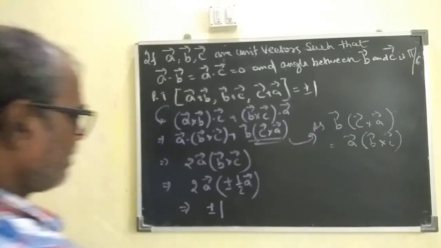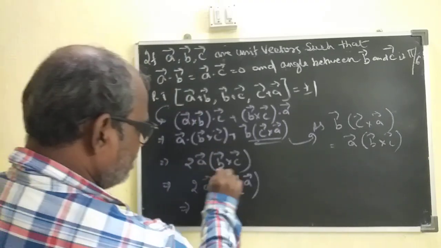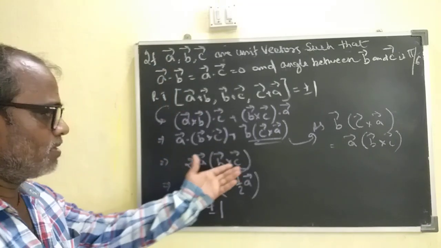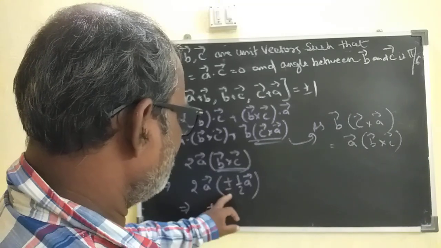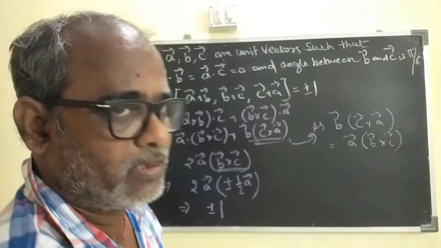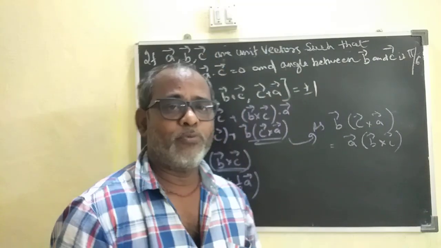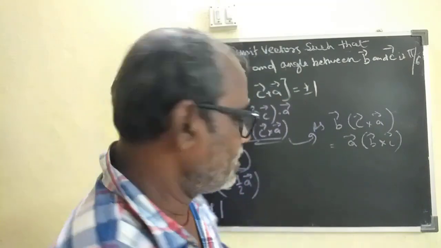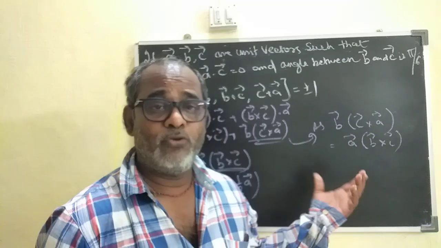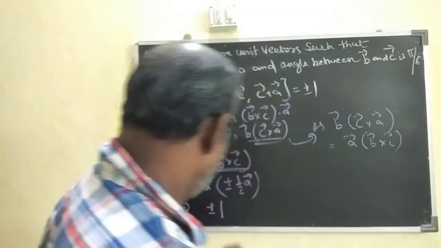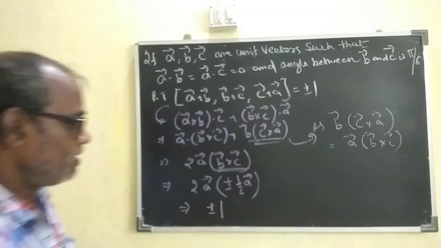So finally we get 2A vector into this B cross C is equal to plus or minus half of A vector, which already we can prove from here, and also I have proved in my YouTube shorts. So I didn't prove over here. You can go through my YouTube shorts as well, and finally we get the result.